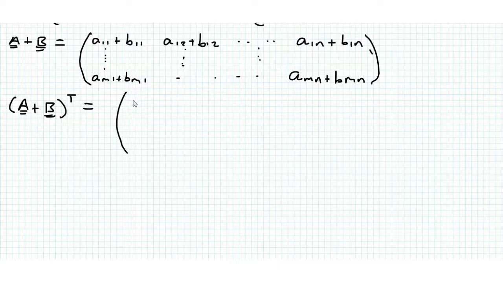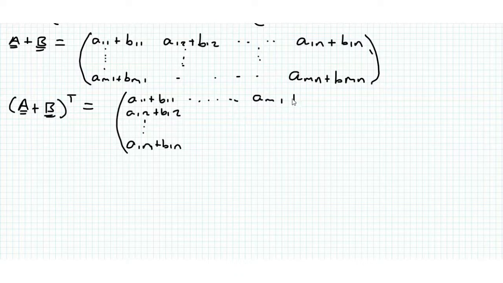So we get A11 plus B11, A12 plus B12, all the way up to A1n plus B1n. This column would become the first row, so the A11 is already there, and we'd have all the elements running all the way along to Am1 plus Bm1.